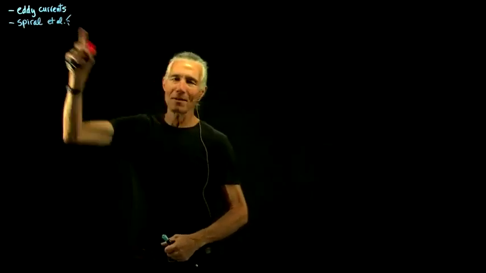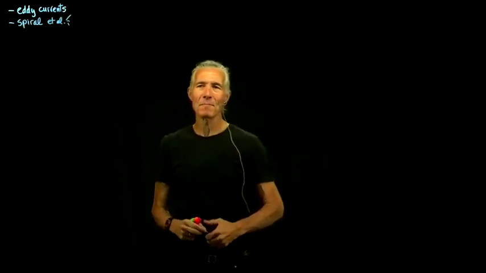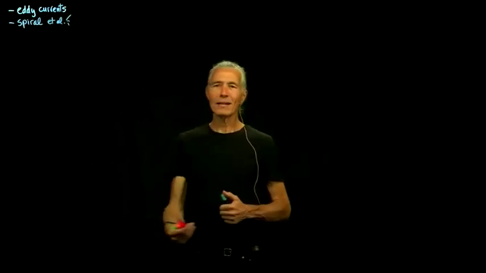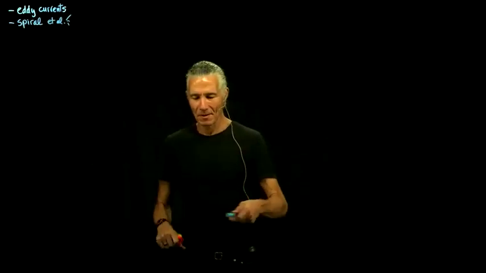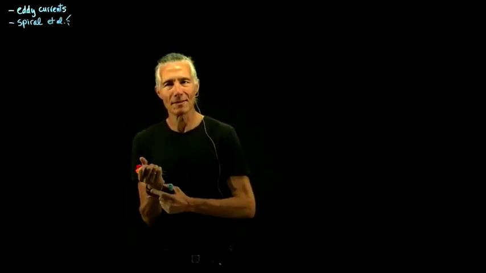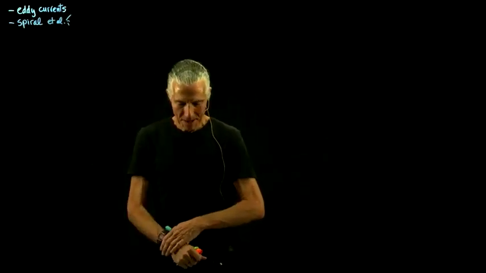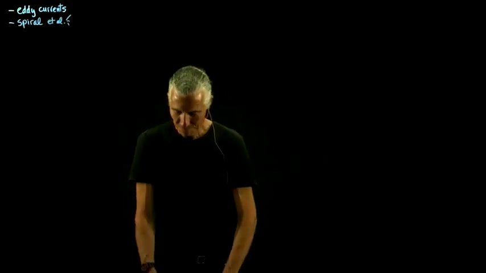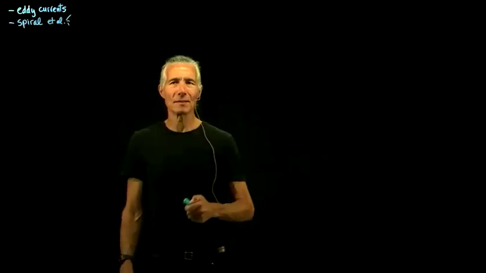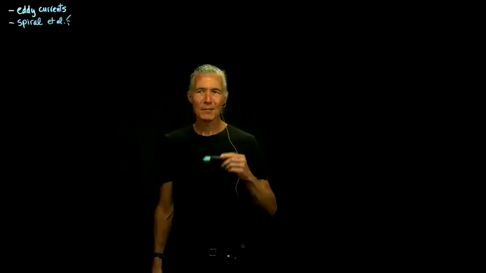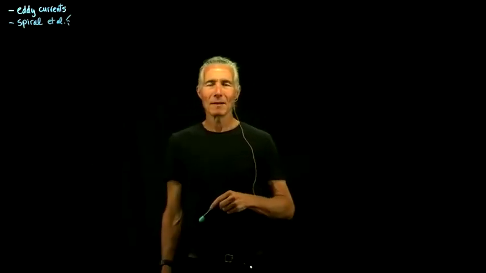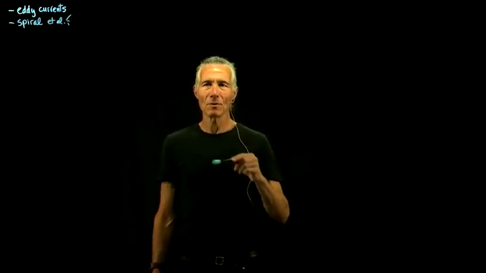Spiral. So I'll first talk about eddy currents and their relevance to different kinds of pulse sequences, and then we'll talk about spiral sequences. I sort of introduced the idea a couple lectures back, but we'll go over it in more detail.